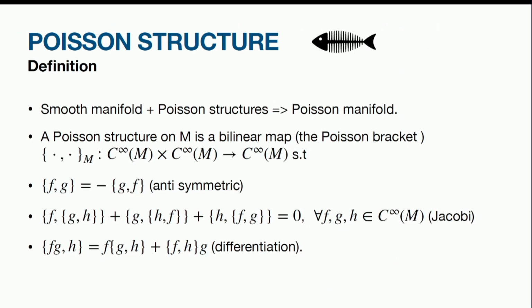And Poisson structure, well, there are different possible definitions, but I would just say this may be a very boring one. A Poisson structure on M is a bilinear map with Poisson bracket. Here we have smooth functions on the manifold M, and we have to satisfy a given number of properties: anti-symmetry, a kind of Jacobi relation, and a differentiation relation here. So that's a Poisson structure, essentially.